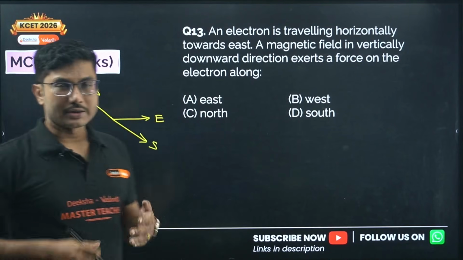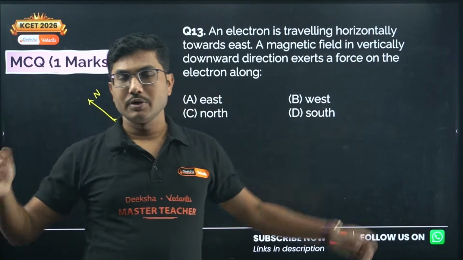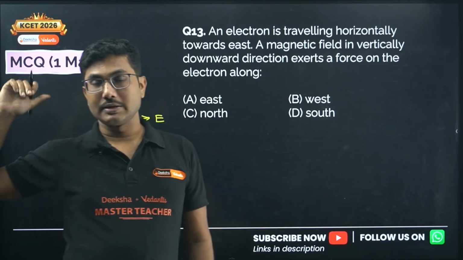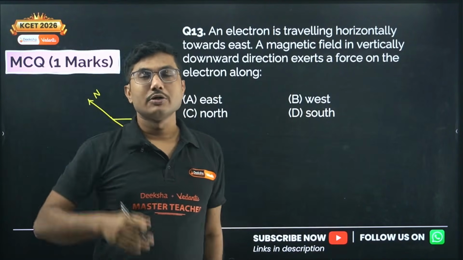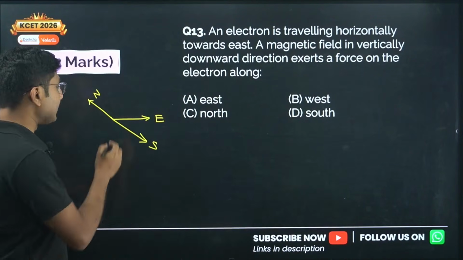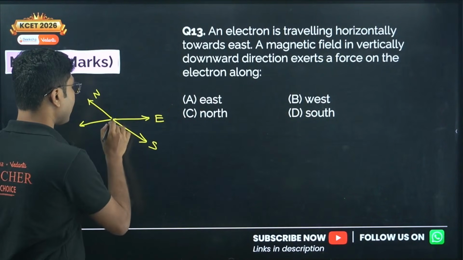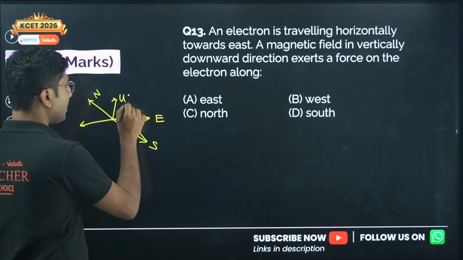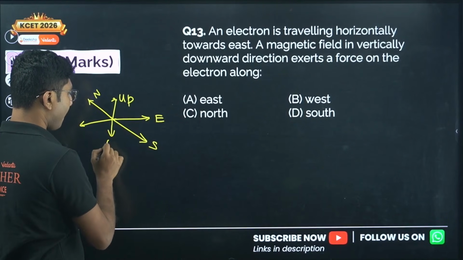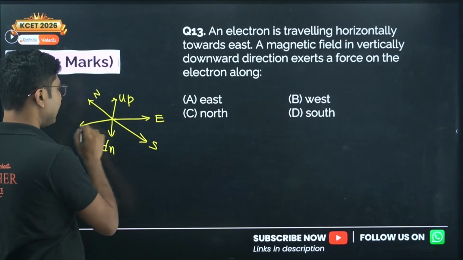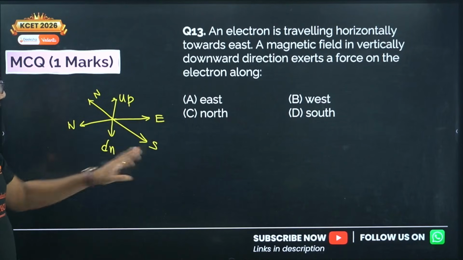If you are familiar with north, east, south, west, upward is actually different. This is our upward direction, this is our downward direction, this is east, this is west, this is north, this is south.